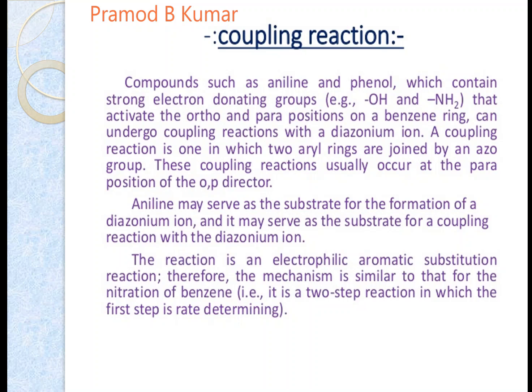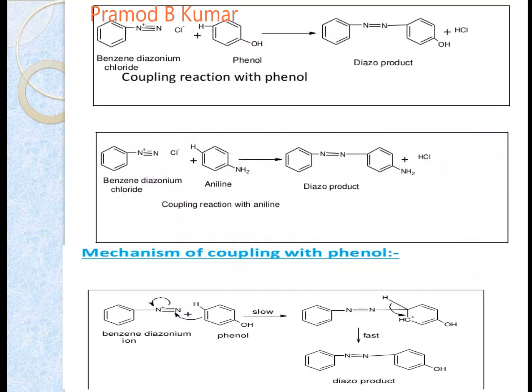So if you use excess aniline, it can undergo self-coupling to give an azo-coupled product. The reaction is an electrophilic aromatic substitution, because the diazonium salt acts as an electrophile, and the mechanism is similar to nitration of benzene. It's a two-step reaction: first attack, stabilization, and then loss of a proton to get the azo-coupled product.